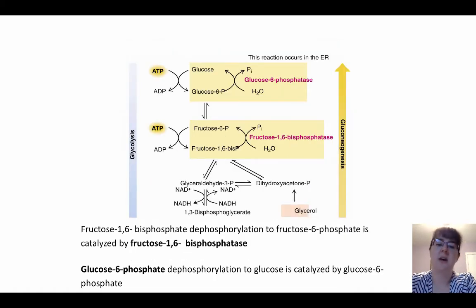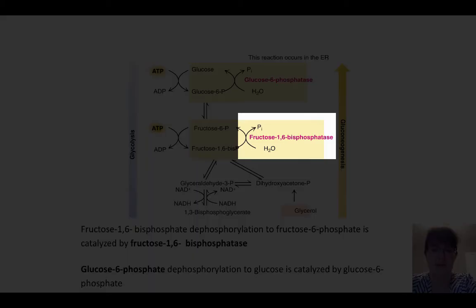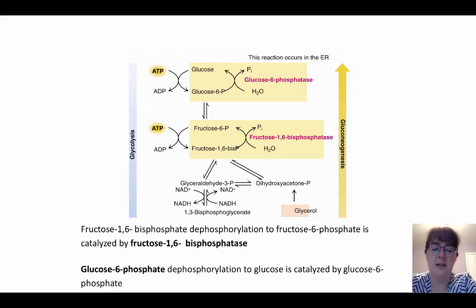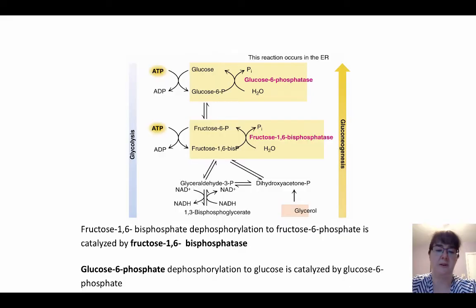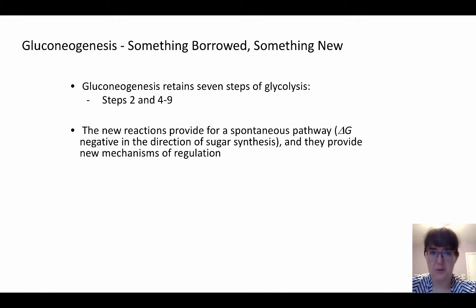And again, here to replace phosphofructokinase from glycolysis, we're going to have fructose 1,6-bisphosphatase. That is going to dephosphorylate fructose 1,6-bisphosphate to fructose 6-phosphate. And then finally, in gluconeogenesis, the last enzymatic reaction is going to be glucose 6-phosphate being dephosphorylated to glucose by glucose 6-phosphatase. So gluconeogenesis, again, is going to retain 7 steps of glycolysis.